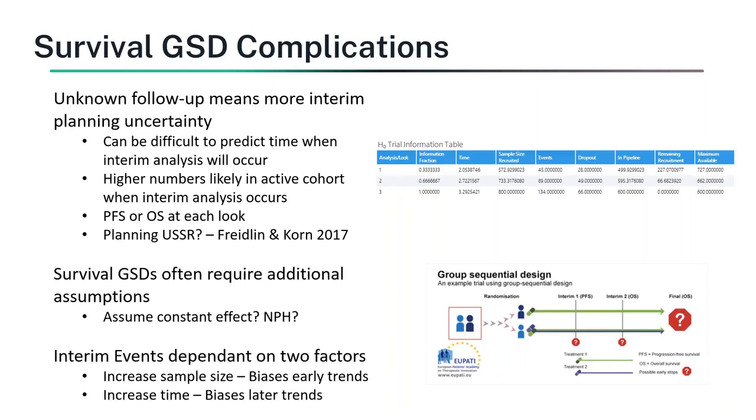For example, the Friedling and Korn paper here from 2017, and they discuss how access to interim information on the shape of the survival curves can jeopardize the perceived integrity of a trial if you're using sample size adjustments. So essentially, they demonstrated that when the magnitude of the true treatment effect changed over time, the interim information on the shape of the survival curves can be used to enrich the final analysis with events from the time period with the strongest treatment effect.